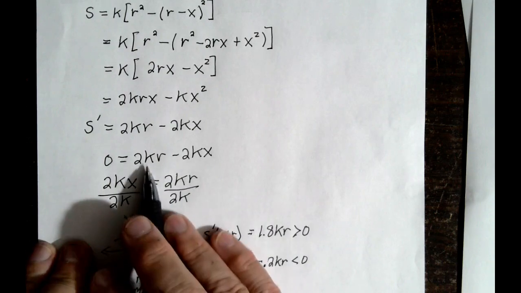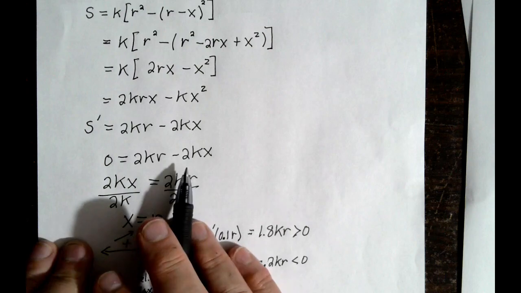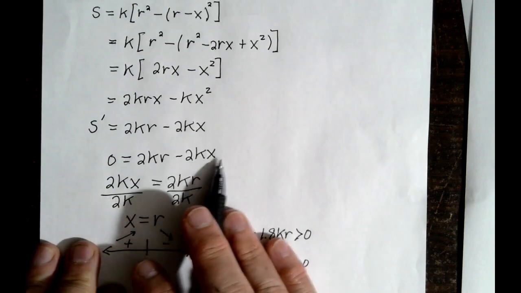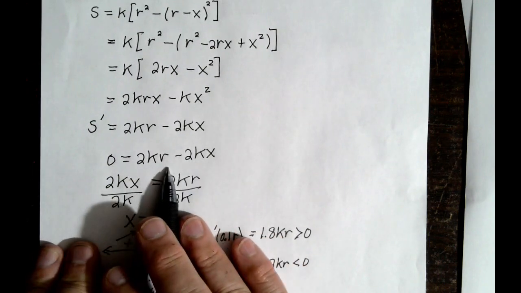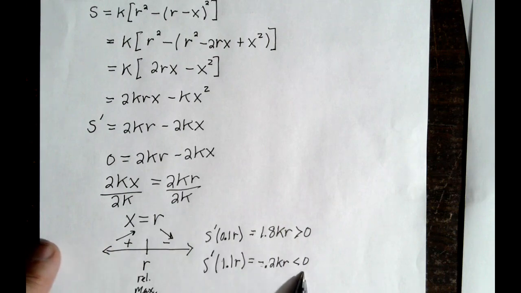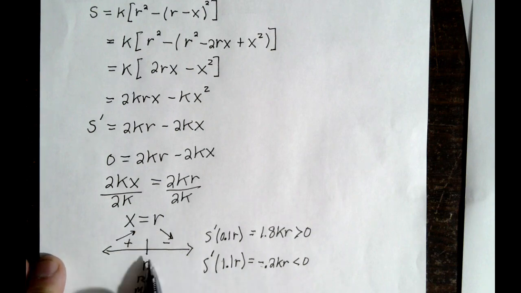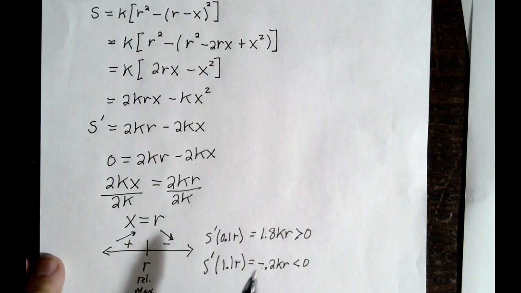And if you plug in 1.1r for x, you get negative 2.2kr, and 2kr minus 2.2kr is negative 0.2kr, and that's a negative value, right? So you get increasing and decreasing here, so you can tell that that's a relative maximum at x equals r.